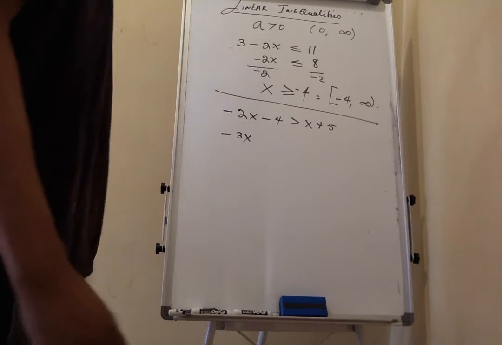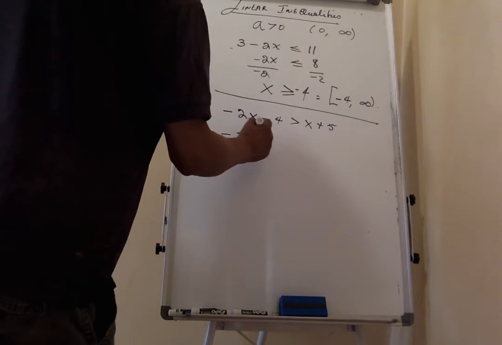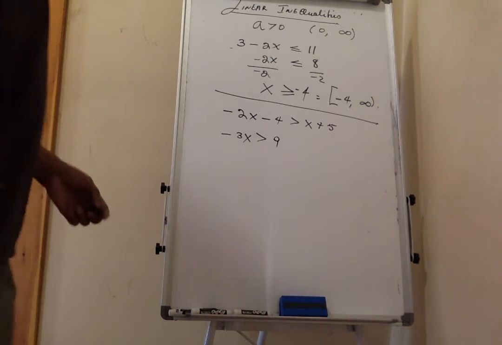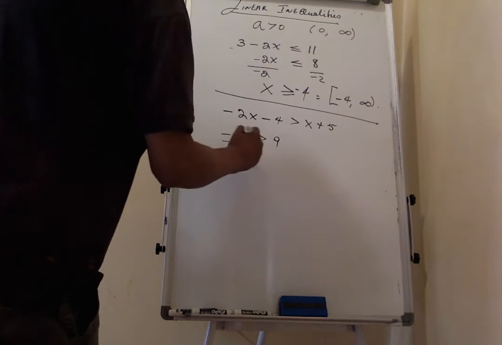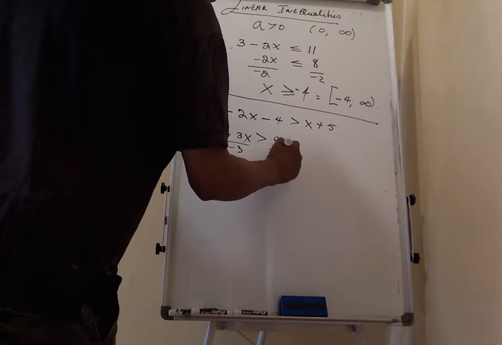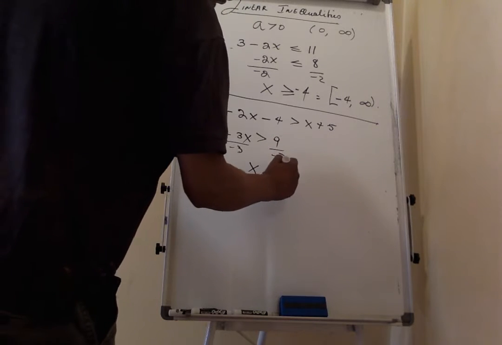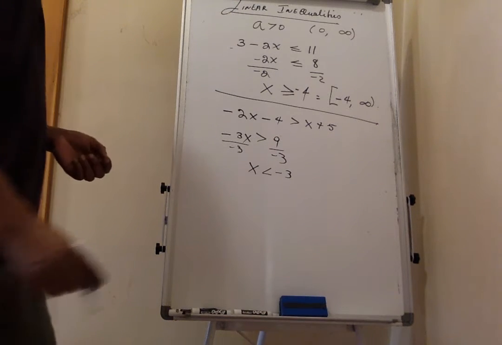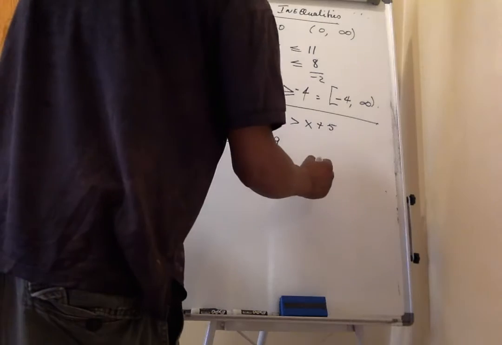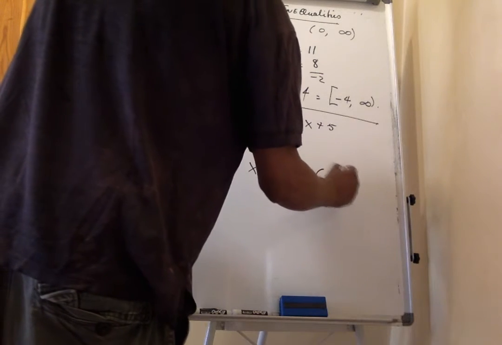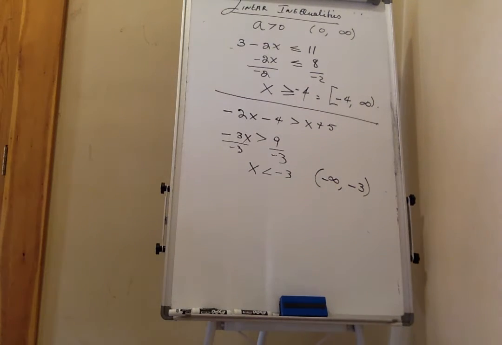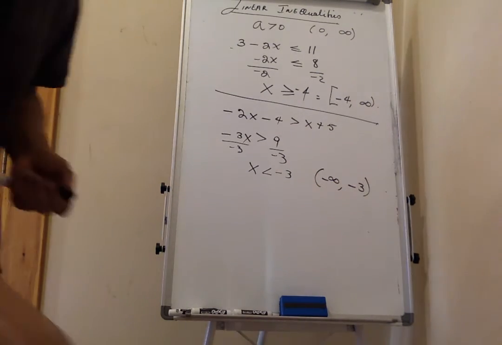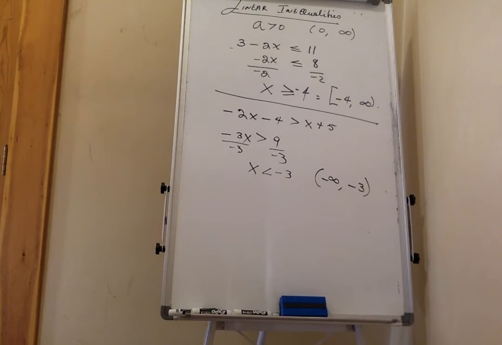Bring negative 4 to the other side, it becomes positive 9. Divide both sides by negative 3, then x has to be less than negative 3. So you can write it this way, or you can write this from negative infinity to negative 3, but not including negative 3. Okay?